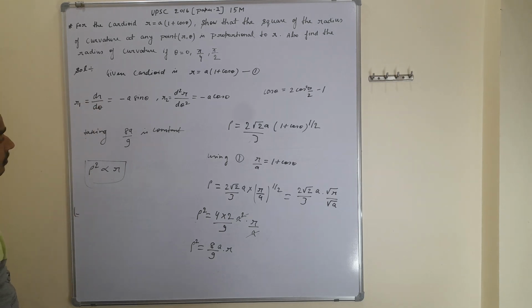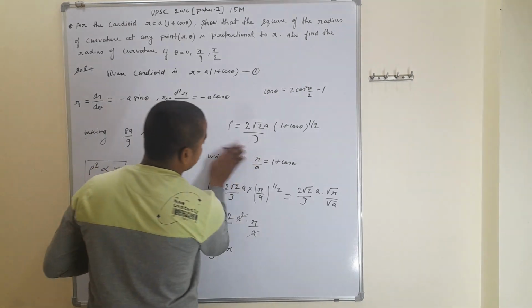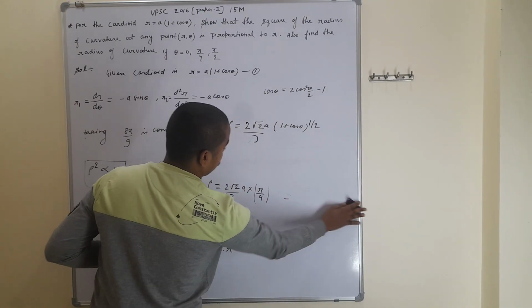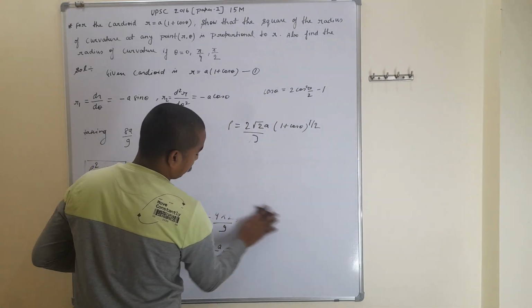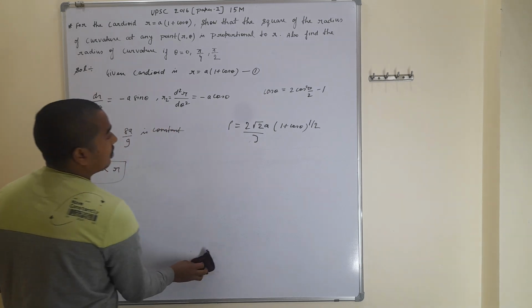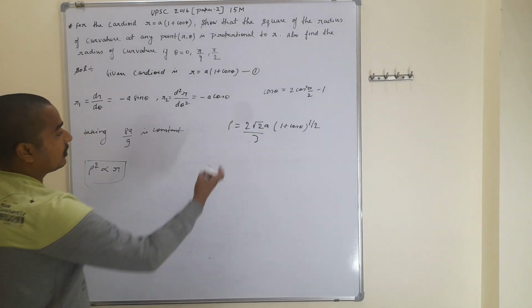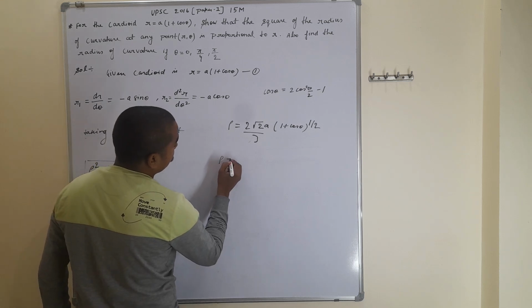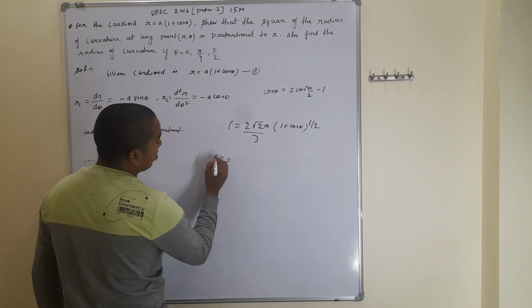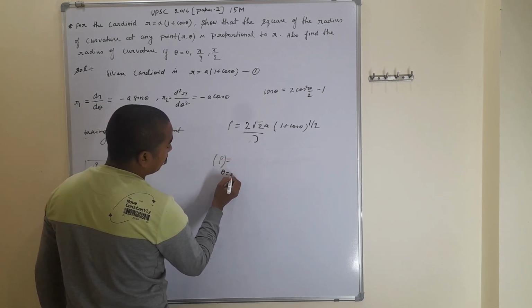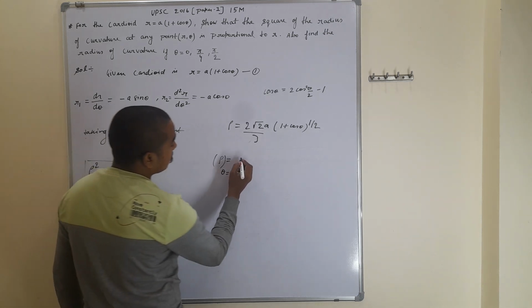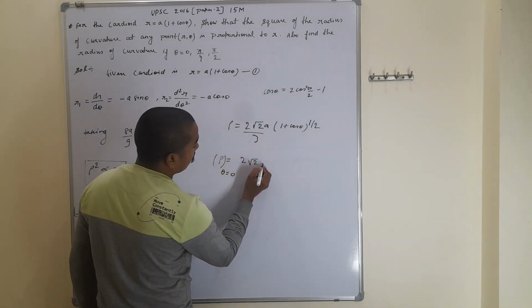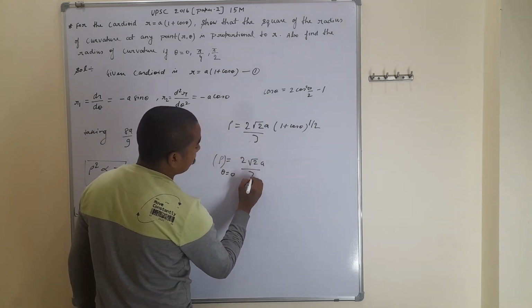Let's solve the problem further. Here is the radius of curvature. Put the value. Radius of curvature at theta is equal to 0, that is 2 root 2 a upon 3.